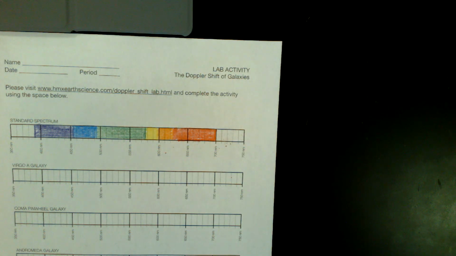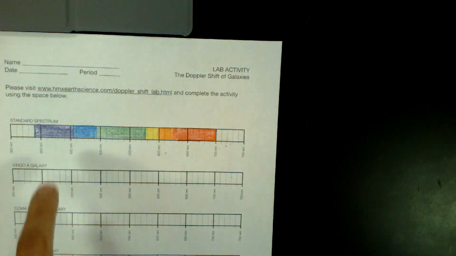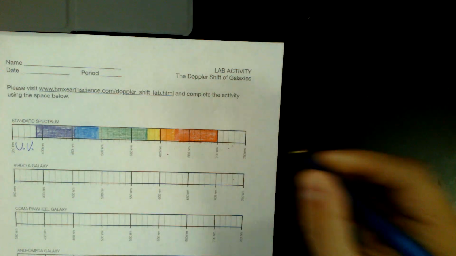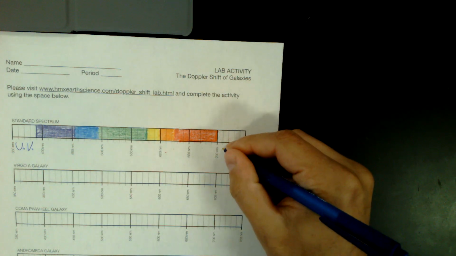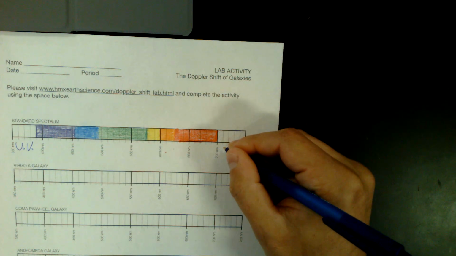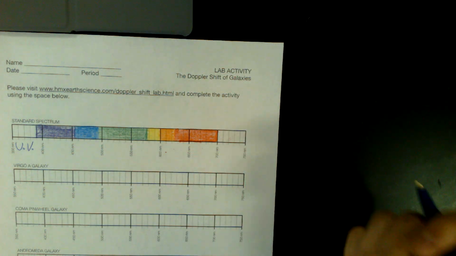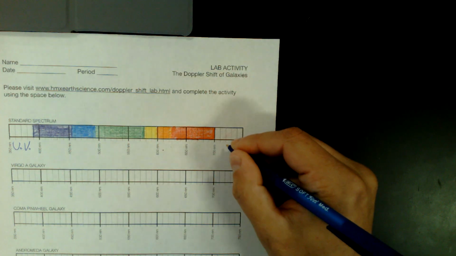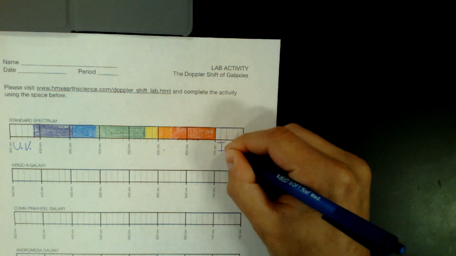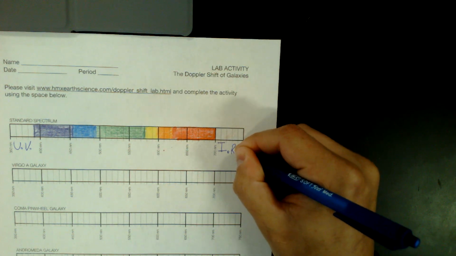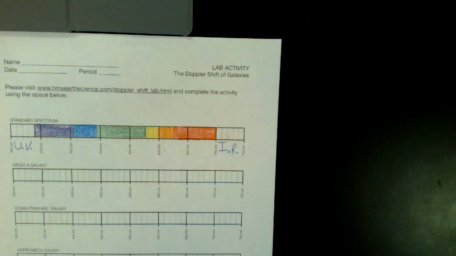Step 2, energy with a wavelength of less than 390 is called ultraviolet. So you could just write UV there if you know what that stands for. And more than 700. I know the directions say 780. It's supposed to say 700. And this is infrared. You could write IR if that helps.